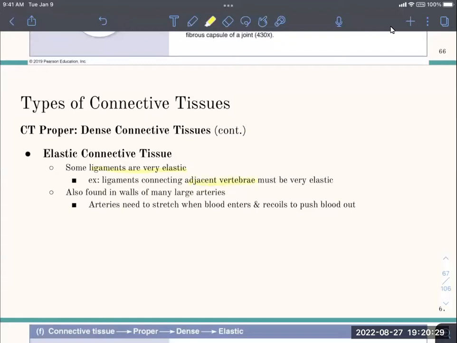So next to the vertebrae in your back, that is actually made of elastic connective tissue, because if it were not elastic connective tissue, you wouldn't be able to move your back, your spine around as freely as you currently do. We also have them in large arteries because they need to stretch as blood is pumped through them.